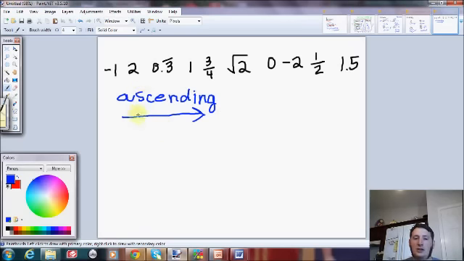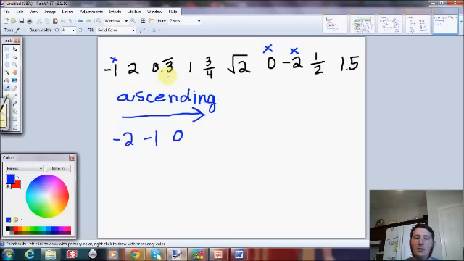My strategy for this problem would be to first notice that there are only two negative numbers. So I'd go ahead and put those down first. And then I would mark in some way that I've used those two. And then 0 is in our list, so it would come next. And then start looking at the numbers that are less than 1.